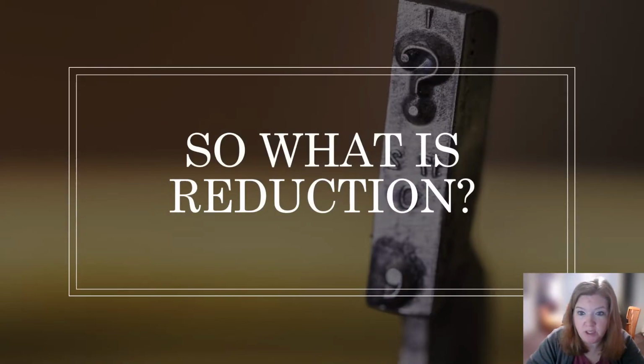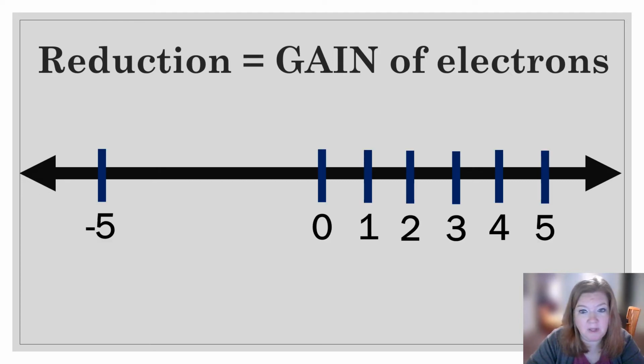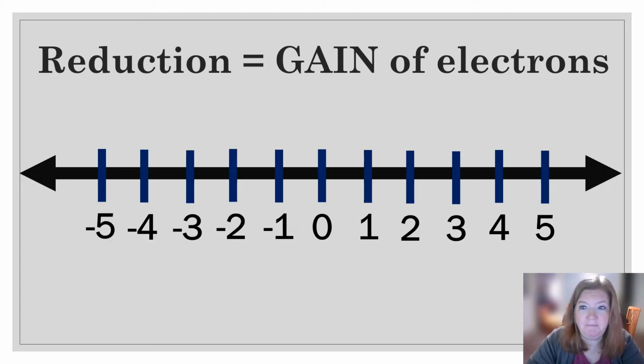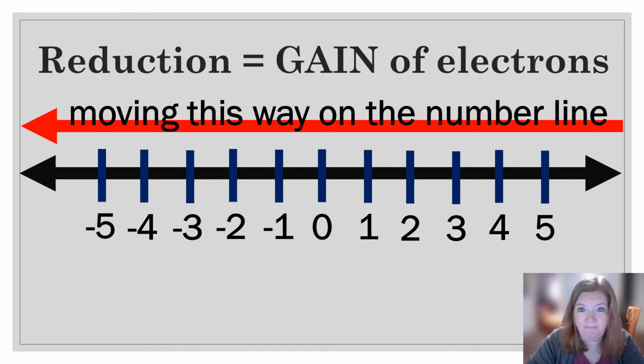So what is reduction? Well, remember the GER, gain of electrons, or the RIG. So looking at a number line again, which way would we move on this number line if we were gaining electrons? Yep, we would go that way. So moving that way on the number line shows a gain of electrons.